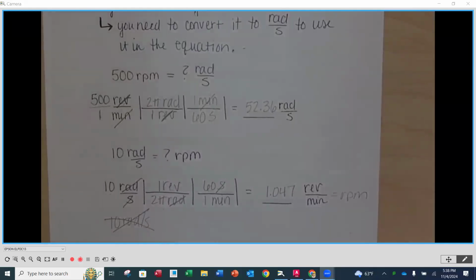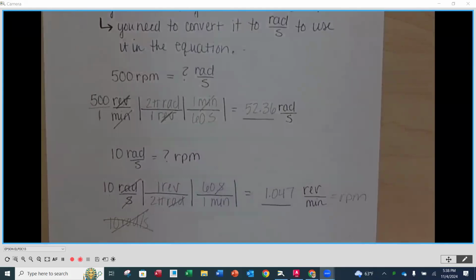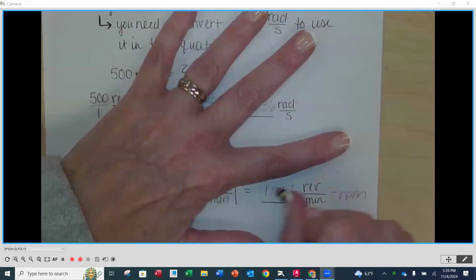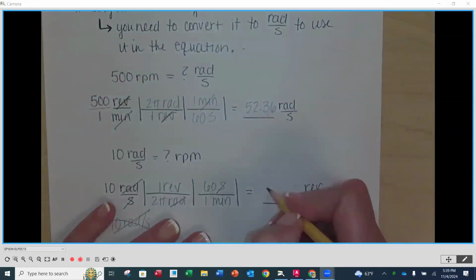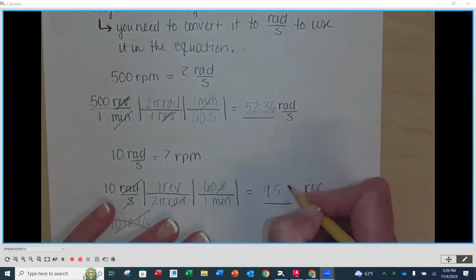I don't have a confirmation, so I'm not confident. 95.5 revolutions per minute. Let's see. Anybody else get 95? Sounds like, well, that's why we check it, 95.5.